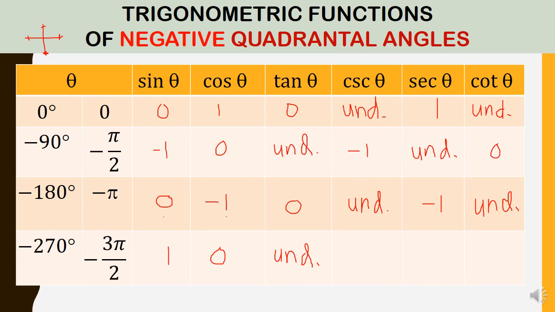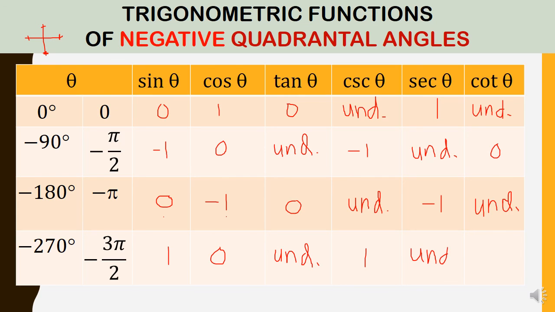For cosecant, ito pala hindi siya strictly alternating. Okay? Parang pwede nating sabing alternating na undefined, number, undefined, number. Okay? So, what is the number here? So, reciprocal tayo ng sine. So, reciprocal of 1 is 1. For secant, reciprocal ng cosine, that's undefined.